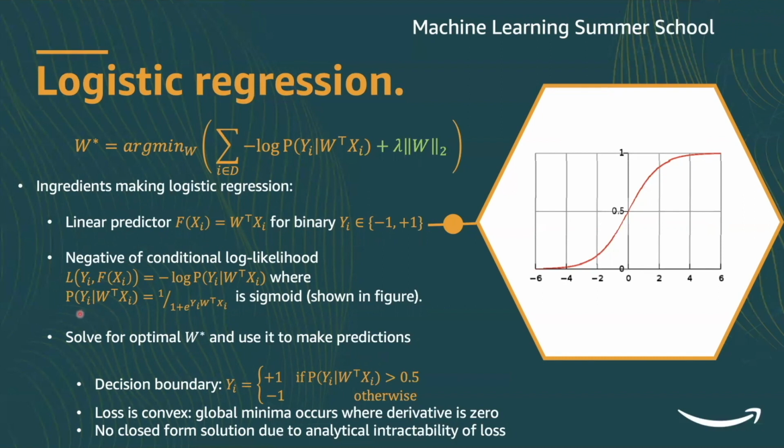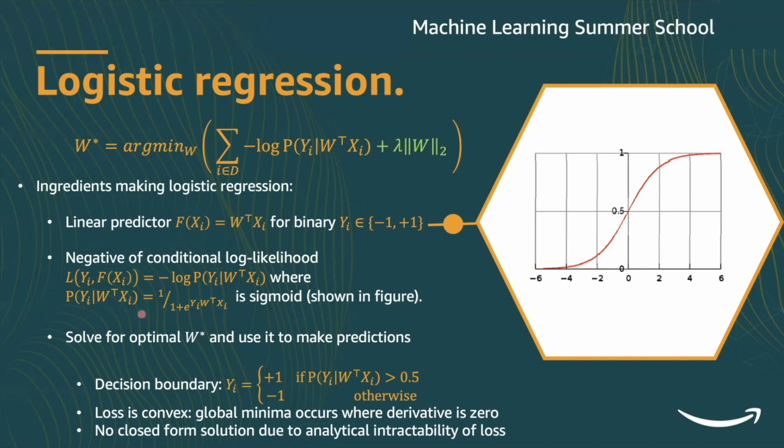We are going to compute the probability that the sample xi belongs to the class yi. So we need a function that will give us the probability that the sample xi belongs to the class yi. And this is where we use the sigmoid function, which is nothing but 1/(1 + e^(-yi f(xi))), where f(x) is the predicted score.